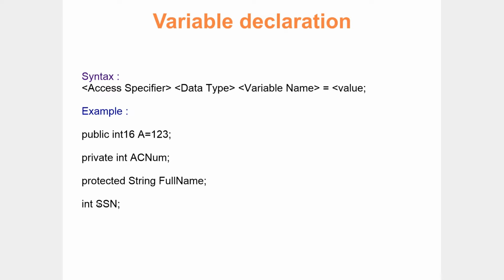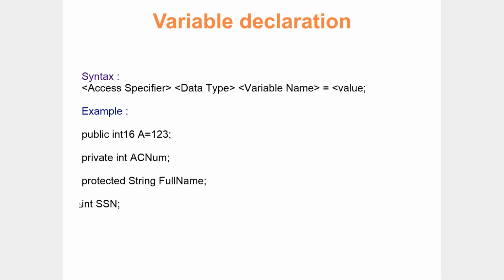See, in the last scenario, I'm just defining data type and variable name, but I didn't specify the access specifier. Will it be accepted? Yes, it will also be accepted. As I said, it is the primary responsibility of the developer that every developer should specify the scope of each and every data member.